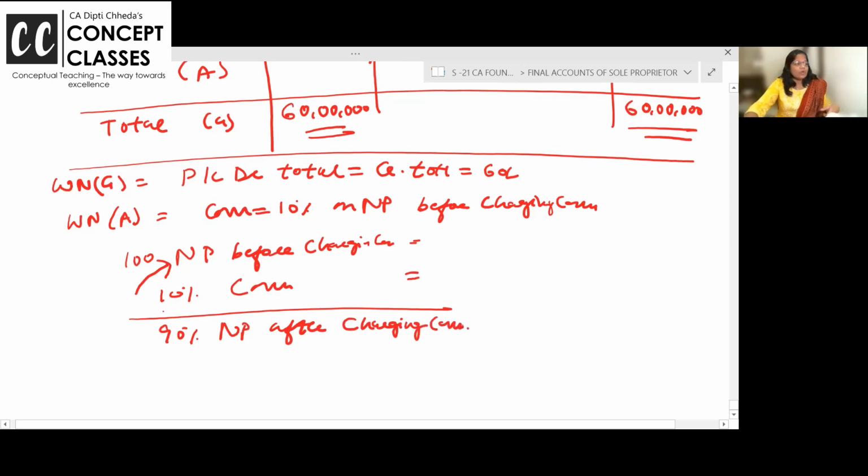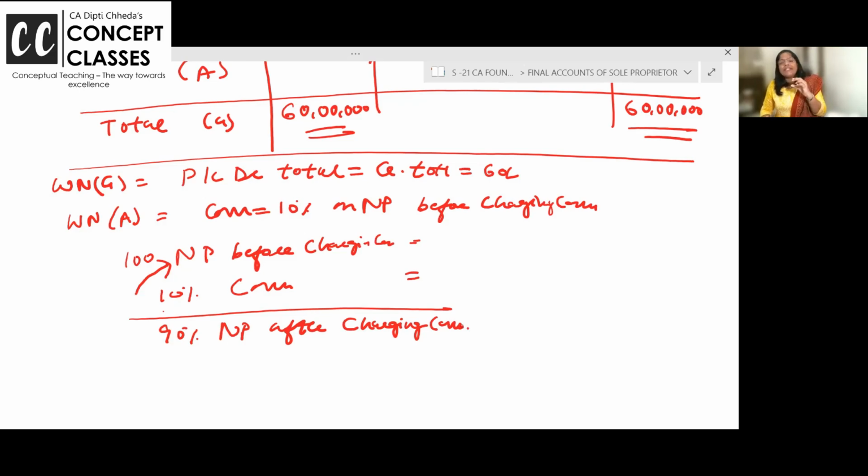Anyone is having any doubt? This is a logical problem. Logically very good problem. Commission is 10% on the profit before charging the commission.